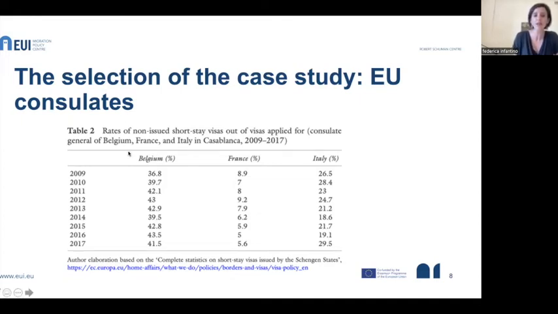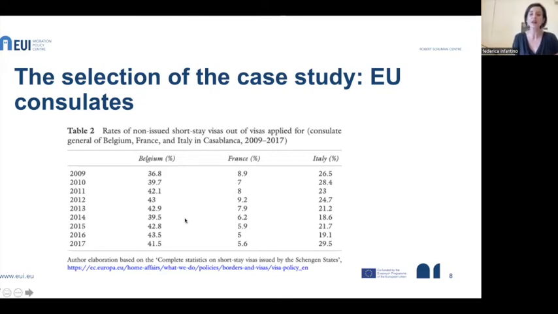And we will have another measure here. These are the rates of non-issued short stay visas out of visas applied for in the three consulates of Belgium, France, and Italy. And we see that among these three countries, there is a huge difference in terms of non-issued short-stay visas. And this, for my question about whether there are differences in implementation practices and why there are these differences in implementation practices, so in assessing the migratory risk, in giving practical meaning to the migratory risk.